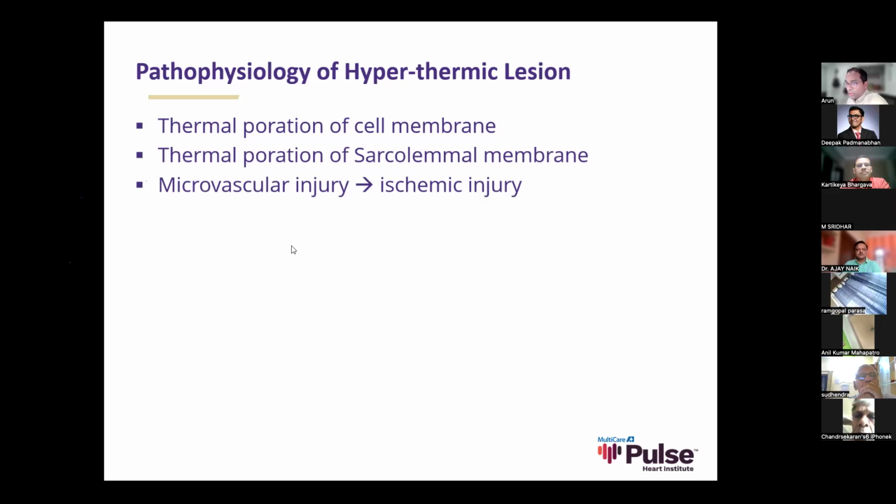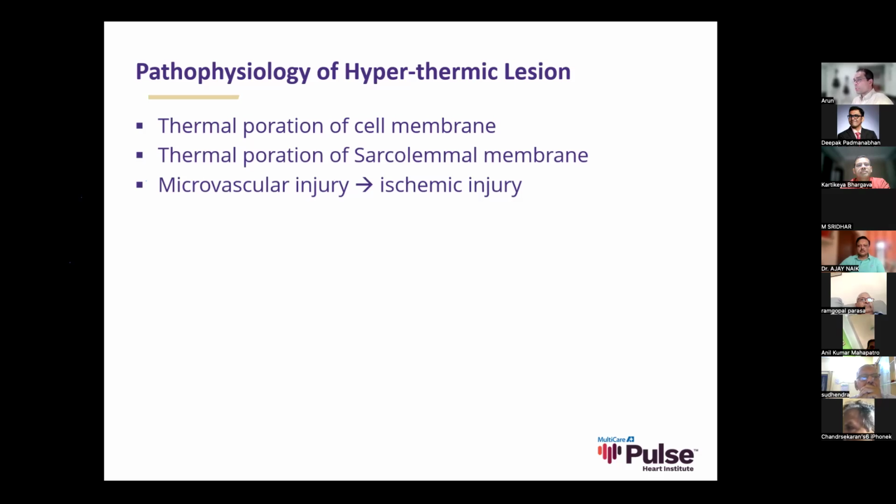The second important issue is microvascular injury, where the small blood vessels are injured, and this is what leads to lesion maturation. Sometimes when we burn a VT or a papillary muscle PVC, it feels like we haven't completely gotten rid of it, but a few days later the PVCs disappear.